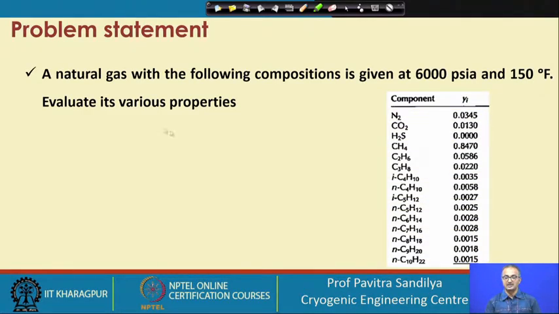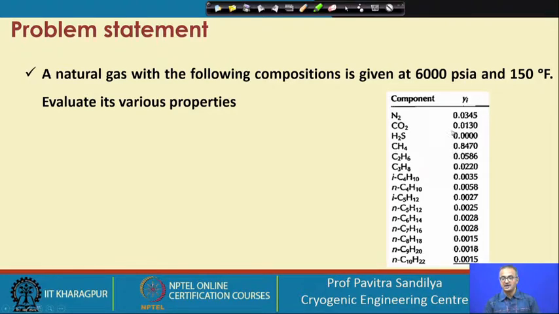We have a natural gas sample given in this table at a pressure of 6000 psia and a temperature of 150 degree Fahrenheit. In the table we have various components: nitrogen, carbon dioxide, hydrogen sulfide, methane, ethane, propane, then the C4, C5, C6, C7, C8 and C10 compounds, and in the second column we have the mole fractions of each of these components.